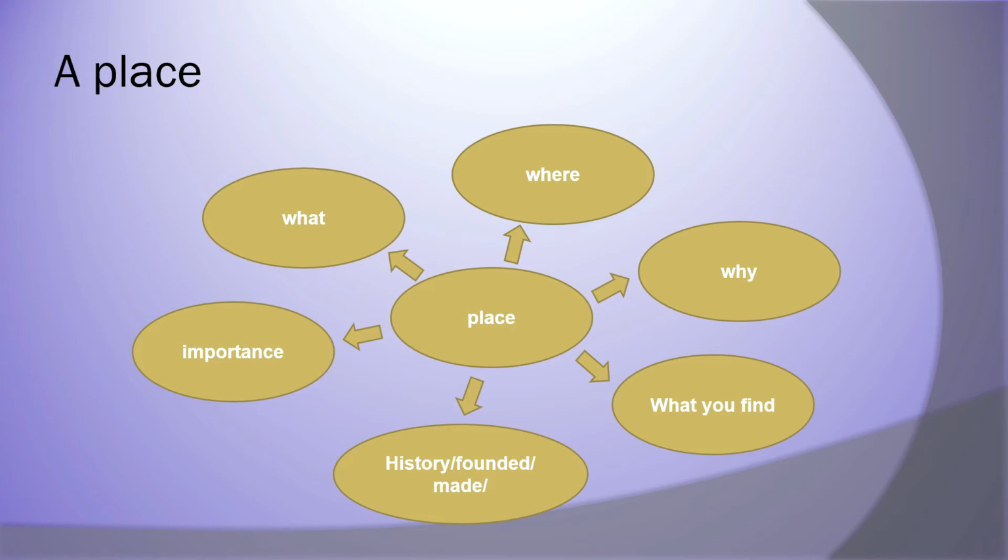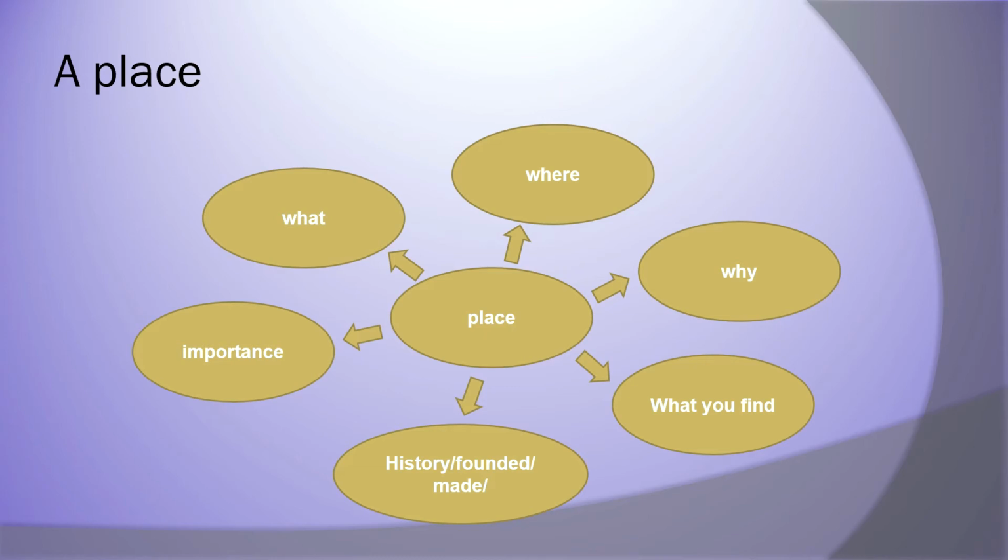Well, then we can say why, in the sense the importance of this particular place, right? Next we can talk what you find there. That place, what you can find is available.